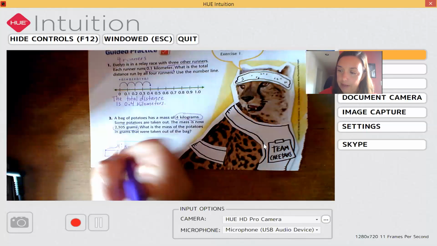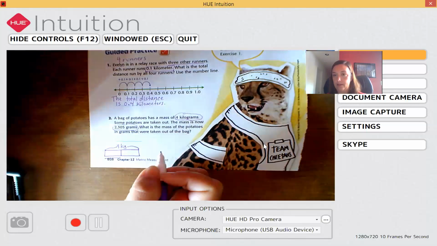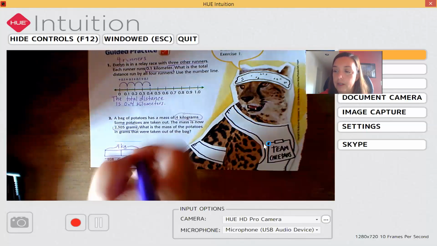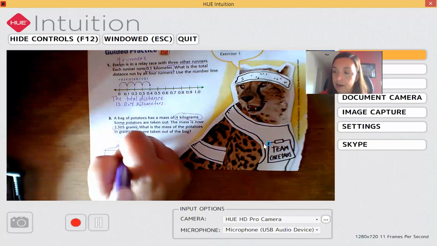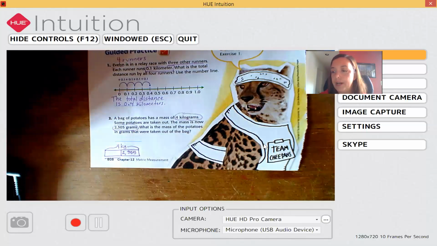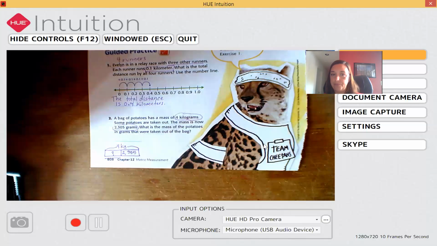This is gonna be the amount that they took out. I don't know how much that is, but I do know that what is left is 2,305 grams, okay? So I'm trying to figure out what is this part.